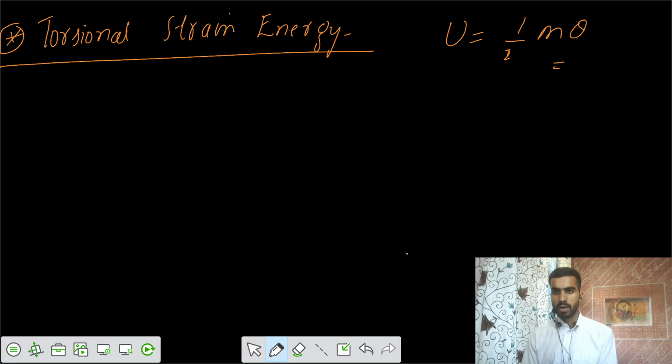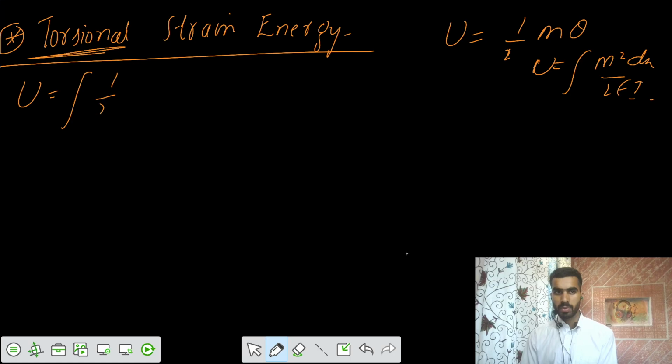Similarly, you got that integral M squared dx by 2 EI. And similarly, for the torsion, we can have that U equals integral 1 by 2 T squared dx by GJ.